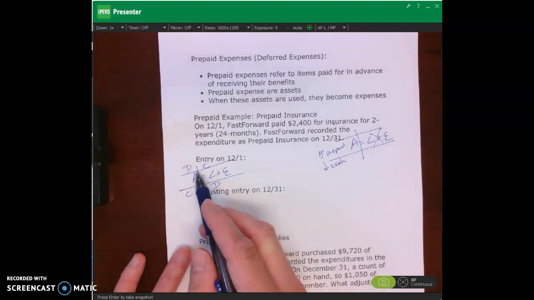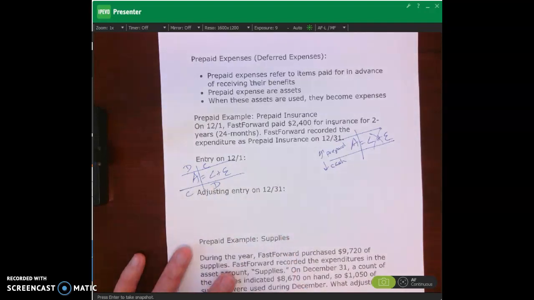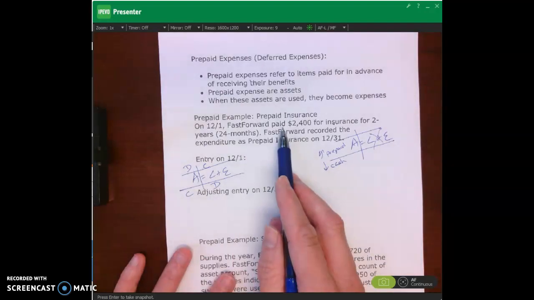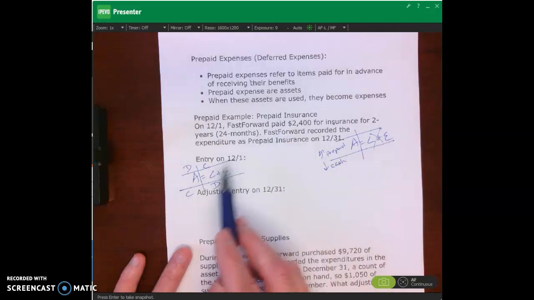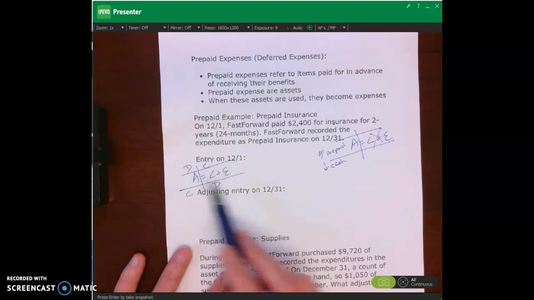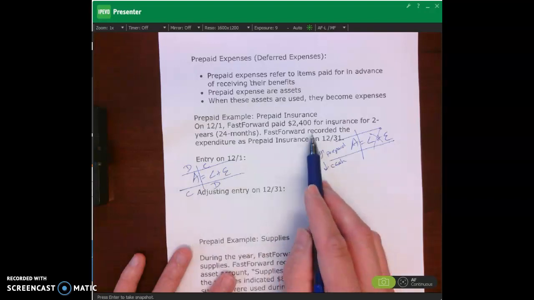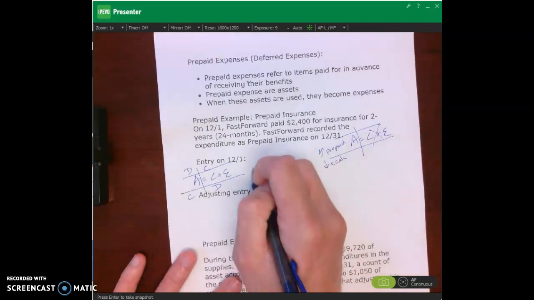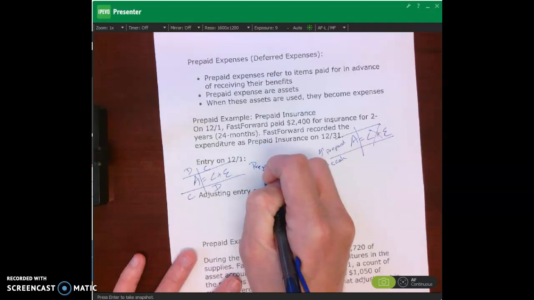So if we apply our debits and credits with our accounting equation to this situation to help us do the journal entry, we know that our prepaid insurance is going up. Prepaid insurance is an asset. How do we increase an asset? With the debit. Cash, which is another asset, is going down. How to recognize that an asset is going down? With a credit.